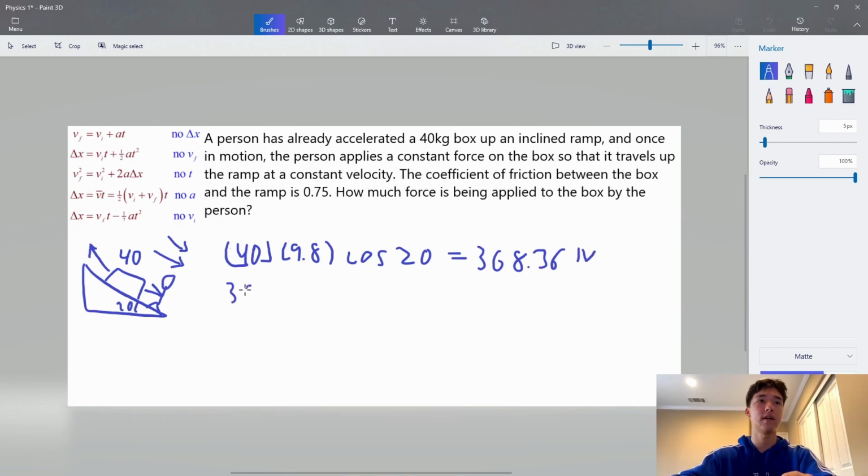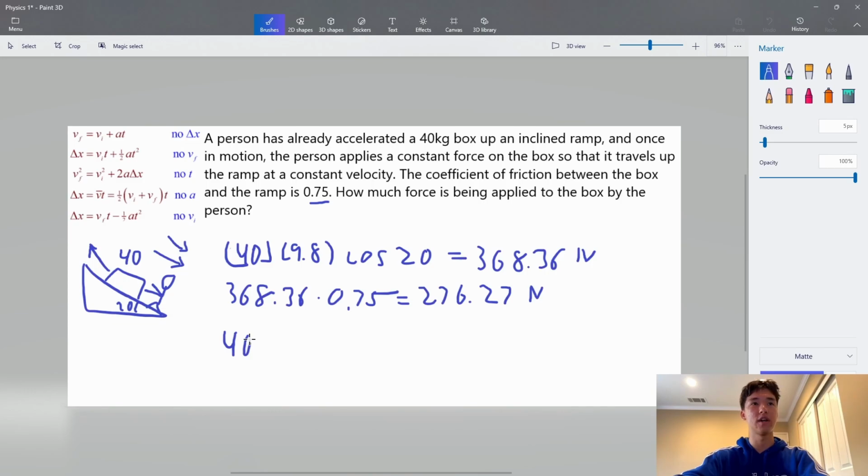Now, we need to multiply this normal force by mu, which is right here, to find frictional force, which is equal to 276.27 newtons. So gravitational force is going to be 40 times 9.8, mg again, right?